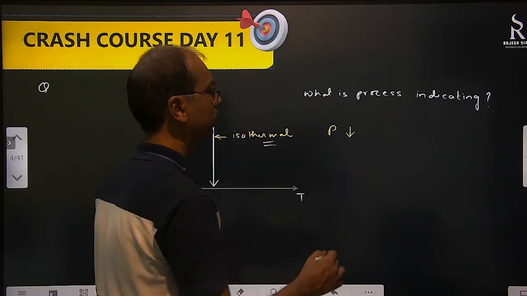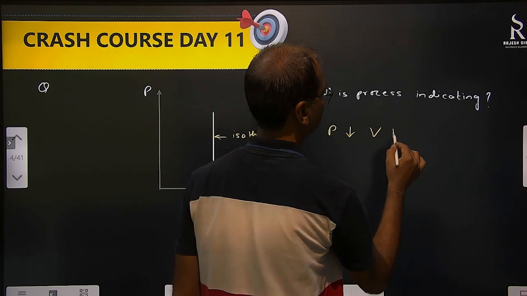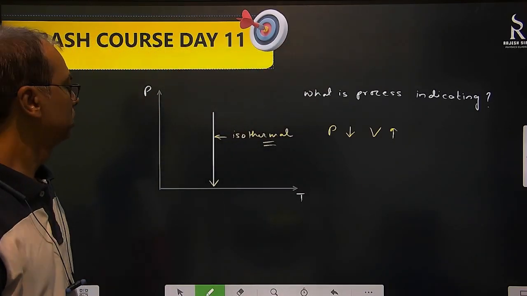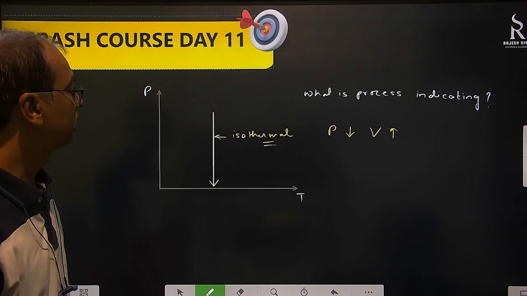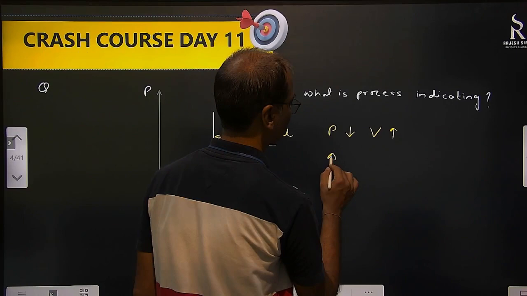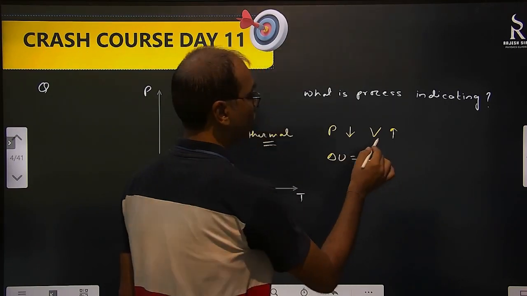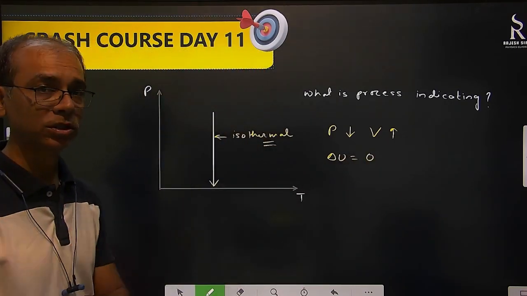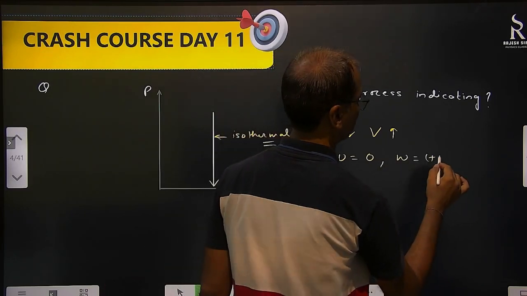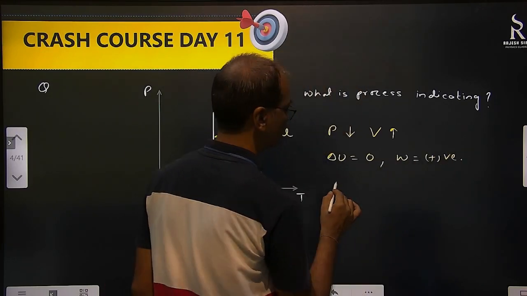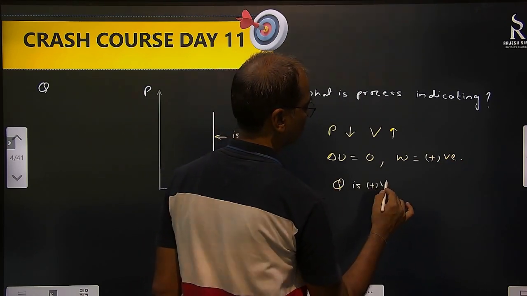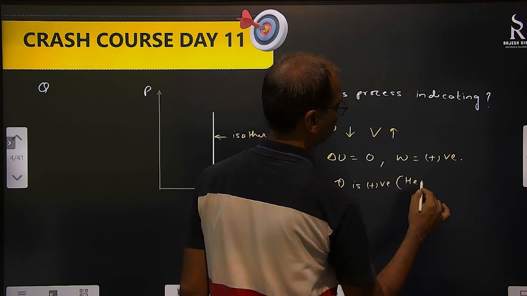Volume has to go up. Pressure going down, volume going up. Delta U is 0, it's a constant temperature process. Volume is increasing means work done is positive. And if work done is positive, that means Q is also positive, which means heat is added.